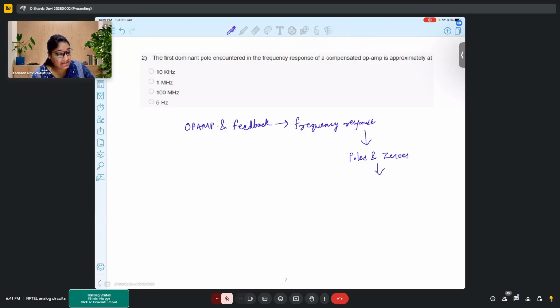And from there, the term dominant comes into picture, right? So do you people have any idea about frequency response? Or I should say transfer function? Any idea about these?